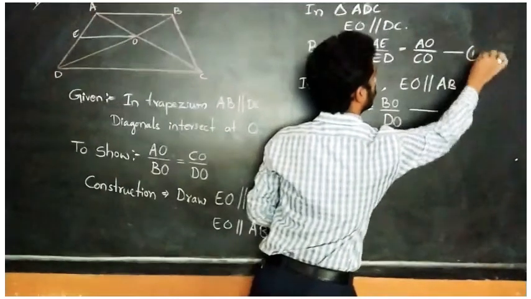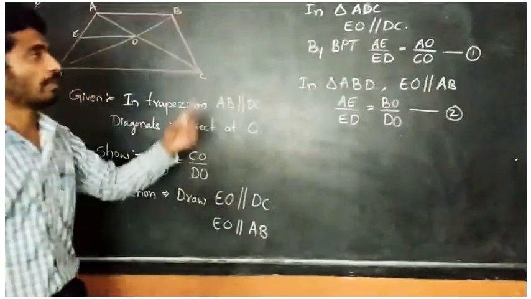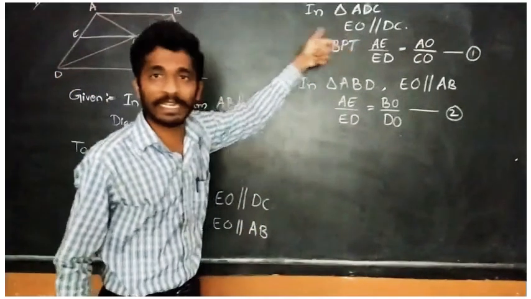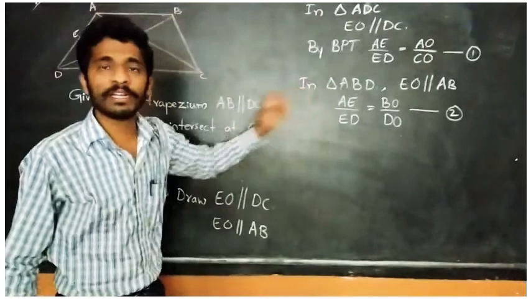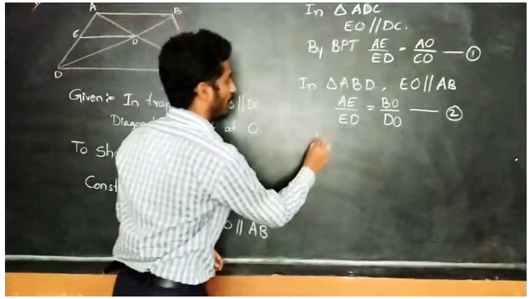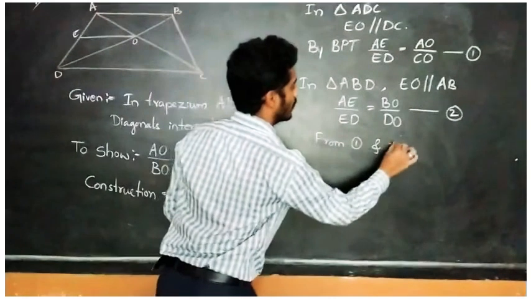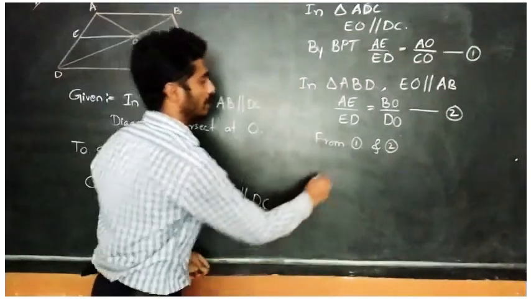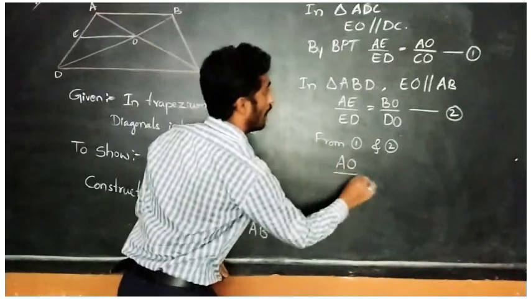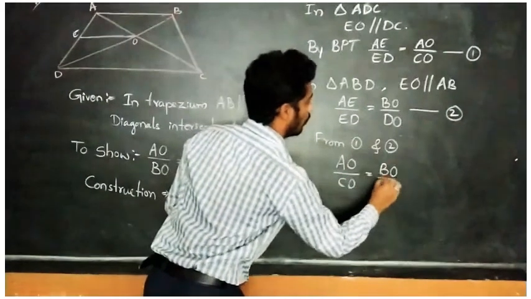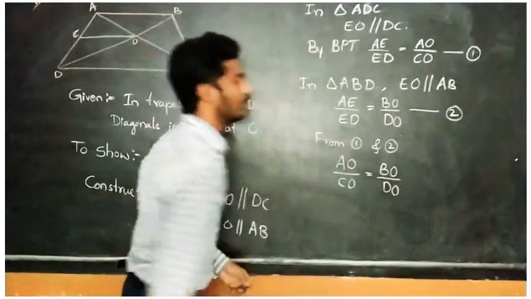Earlier one was 1. So from 1 and 2, what is similar? AE by ED and AE by ED. So from 1 and 2, you will get AO by CO equal to BO by DO.